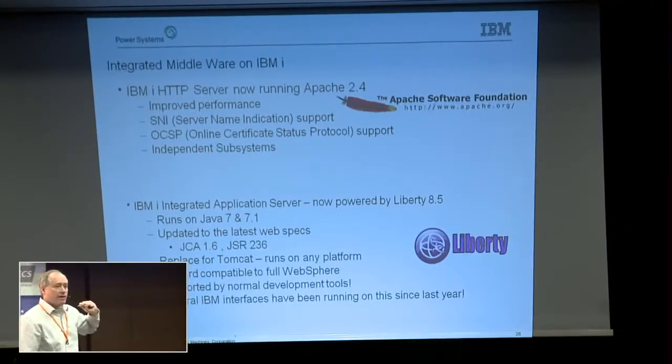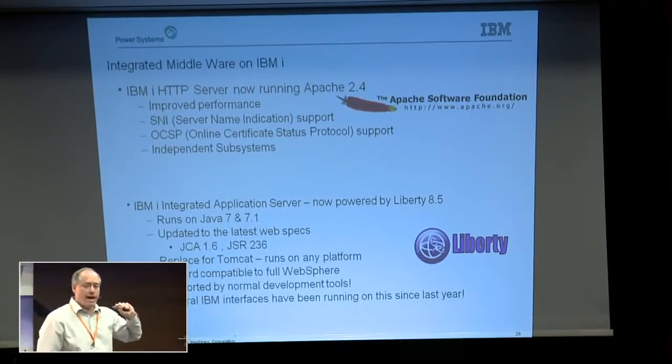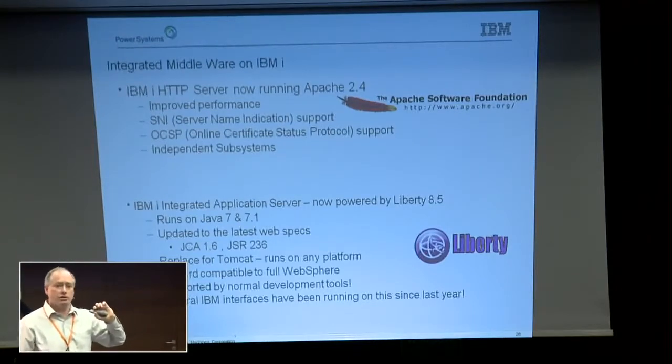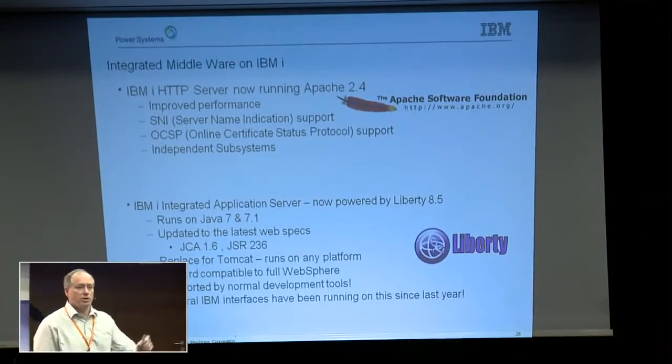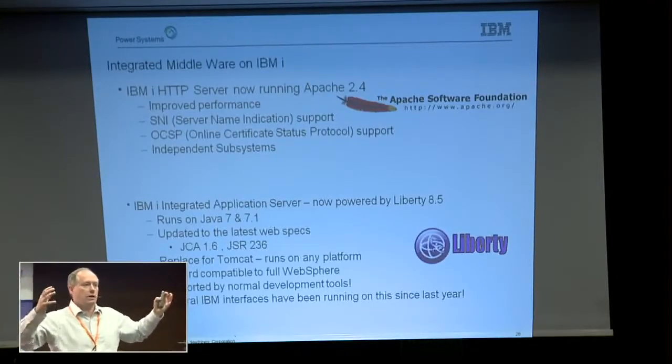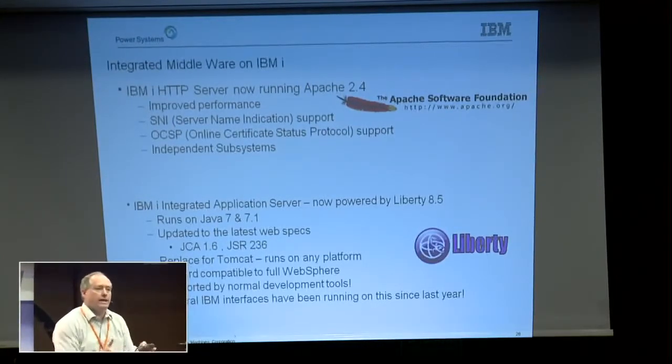Our integrated application server. We've had an integrated application server since 2007. We are switching it and have switched it to the Liberty server. Liberty is the IBM WebSphere enterprise server, right? Creating something that's equivalent to Tomcat, but works better.